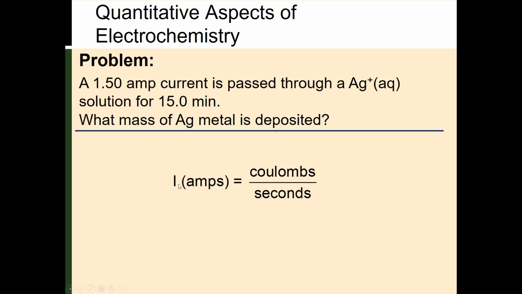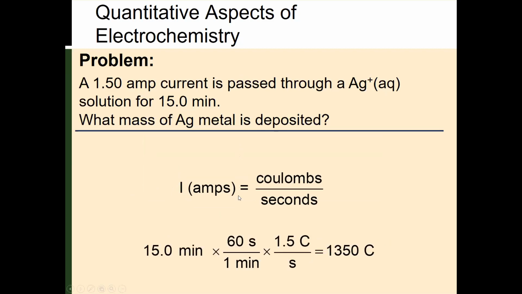Remember our current, I represents our current, is coulombs per second, okay? And if I have that current going for 15 minutes, well, I need to convert from minutes to seconds, so I multiply by 60 seconds in a minute. And then I know that there are 1.5 coulombs per second. How do I know that?